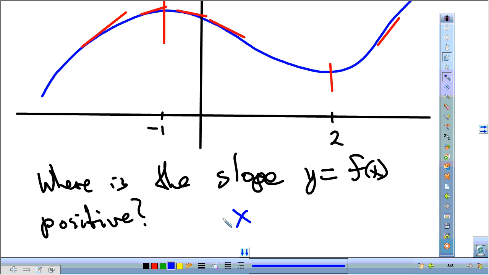So for upward direction or positive slope, it seems anything less than -1 or anything bigger than 2. So approximately in my picture. So the -1, the 2, plus or minus a little bit maybe.